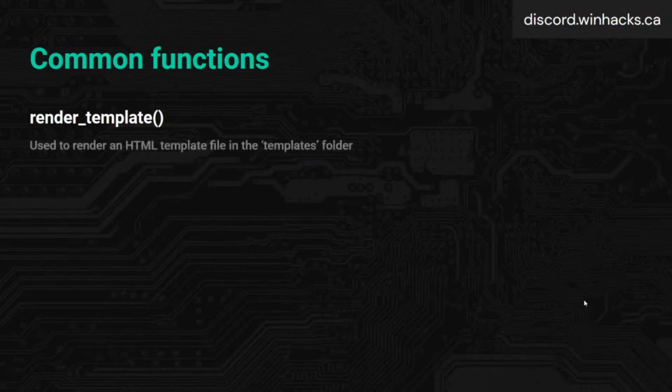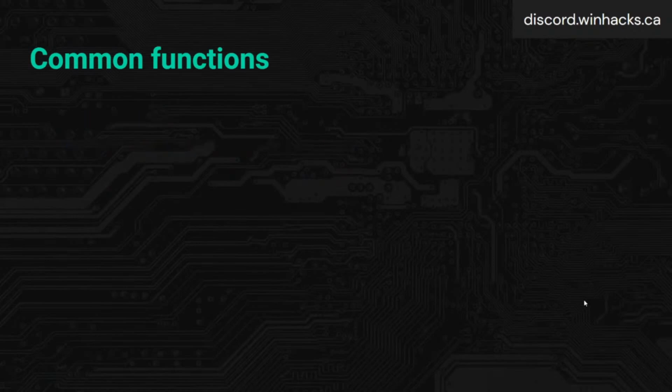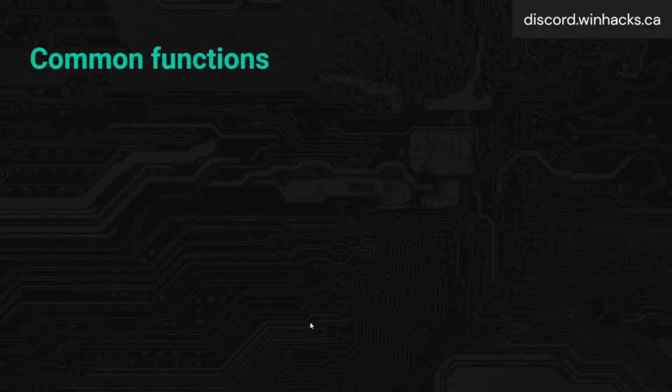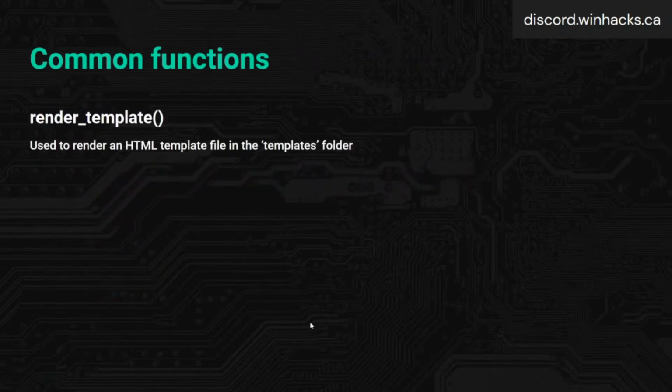This is very simply a function where you pass in a file name and it'll render that HTML file, and you return that to return the web page to the user. If you go back to the templates folder, you would do render_template layout.html, because it searches the templates folder automatically and it'll render that file for you.